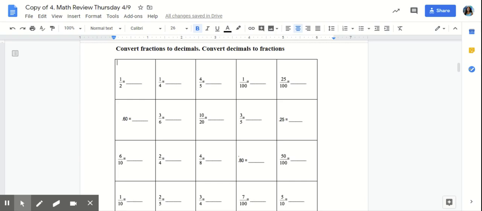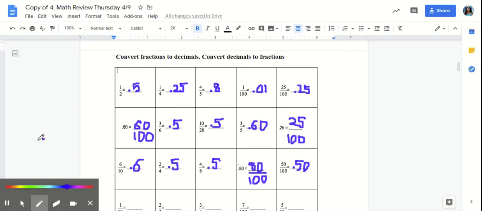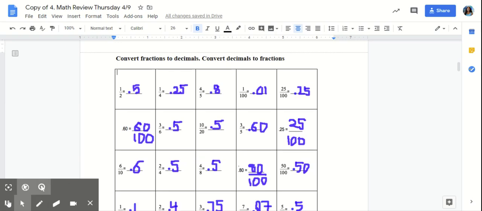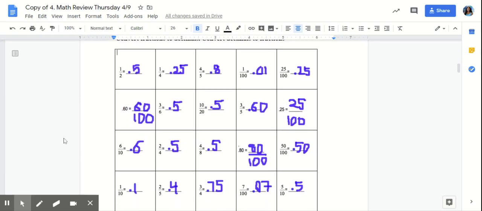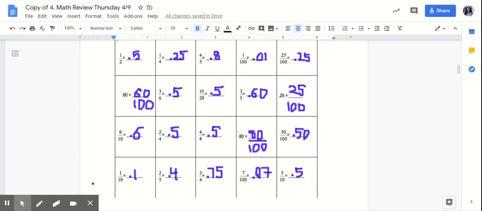Okay, to start, we're going to convert fractions to decimals and convert decimals to fractions. Go ahead and check your work. Now, some of these may be a little bit more difficult than others if you don't have it memorized. For example, we have 6/10, right? That's pretty easy.